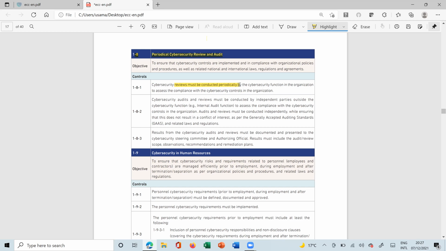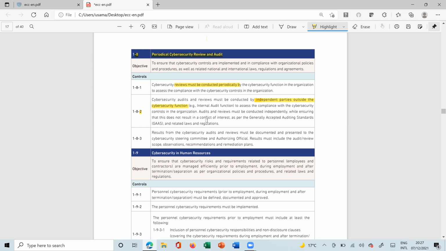Then again we review cybersecurity. It's a very important task, and the top management should be involved. Here in control number 2, we are saying that the audit should be done by independent parties outside the cybersecurity function. Independent parties does not mean that it will be an external audit.